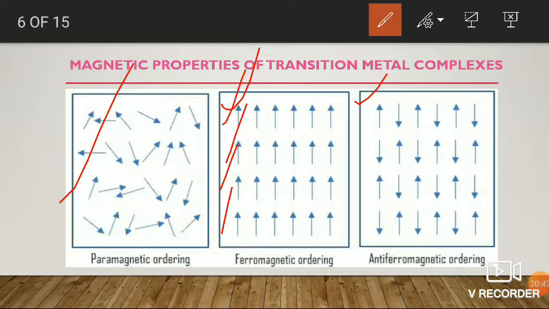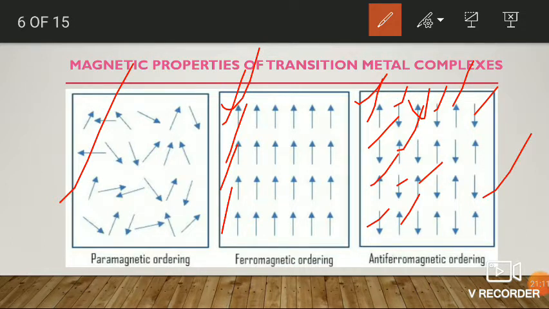If you observe the side by side elements or ions, the first electron spin is clockwise and the adjacent one is opposite, anti-clockwise, then clockwise again. So due to the antiparallel arrangement in the antiferromagnetic compounds, they show opposite behavior to the ferromagnetic compounds, even though they have a large number of unpaired electrons.